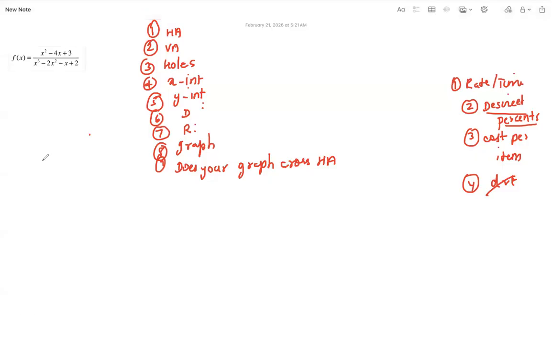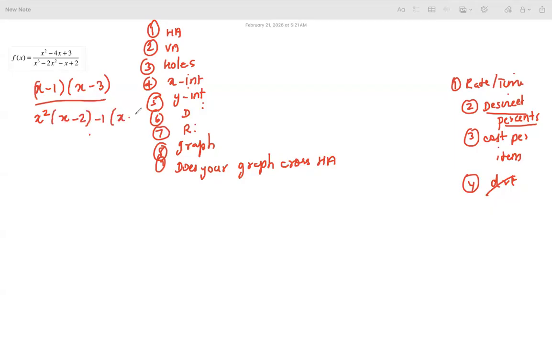Okay, so top is x minus 1, x minus 3, right? Bottom, let me factor out x square, that becomes x minus 2 minus 1, x minus 2. So the entire function becomes x minus 1, x minus 3 divided by x plus 1, x minus 1, x minus 2. Any questions here?